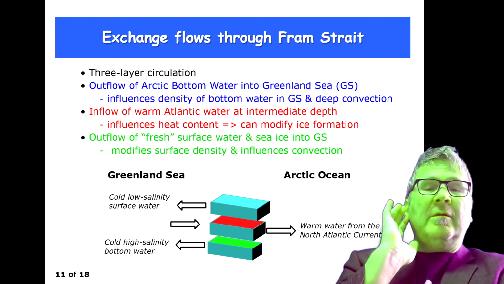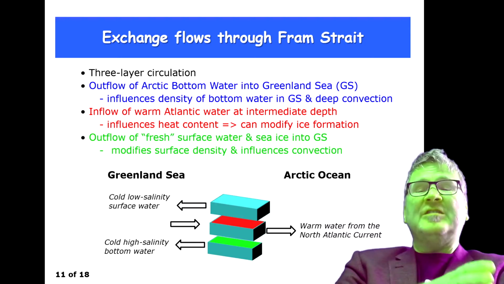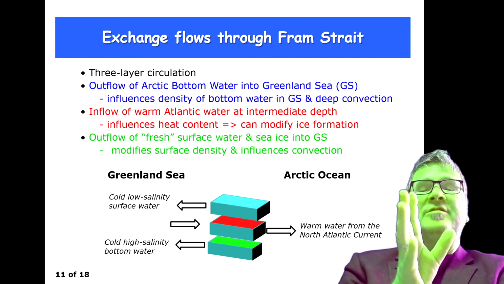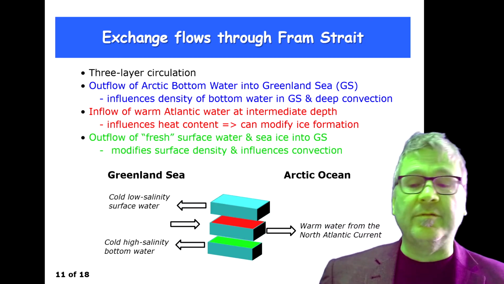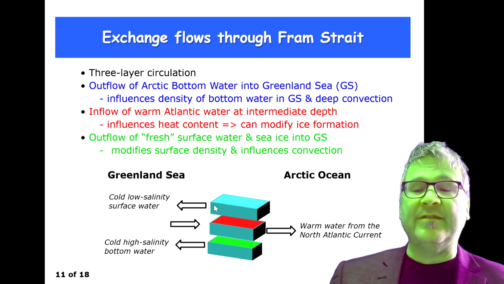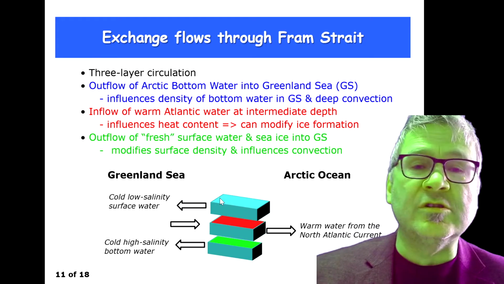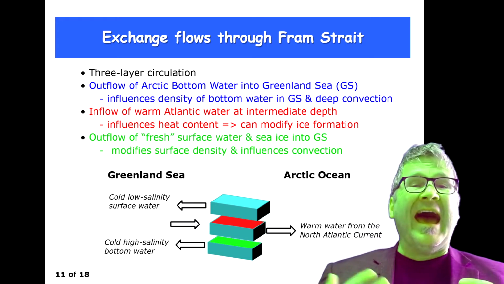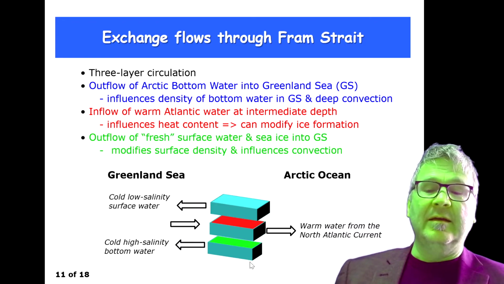And you already learned that there's an outflow of fresh surface water and sea ice into the Greenland Sea near the surface. This essentially takes place within the East Greenland Current. It's shown here in this sketch at the bottom. And at the same time, there's also a flow of Arctic bottom water into the Greenland Sea.